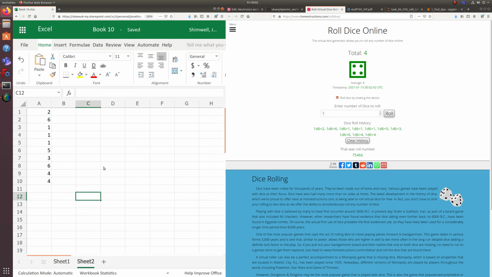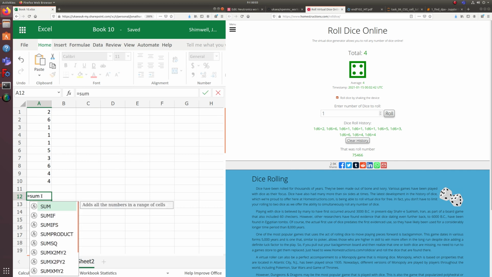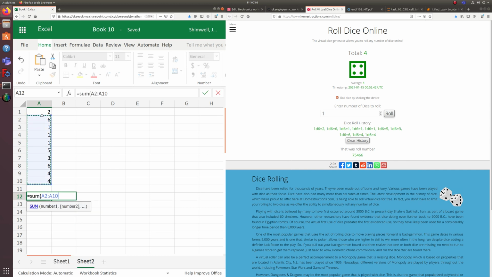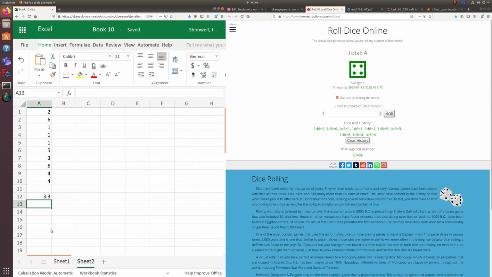Okay, I've rolled the die 10 times now, and I should point out the name of this game is to find the average value of a die roll. So, that's easy to do, equals sum of all of these numbers divided by 10. Simple. So, the average on this little experiment, let's call it experiment number 1, is 3.3.